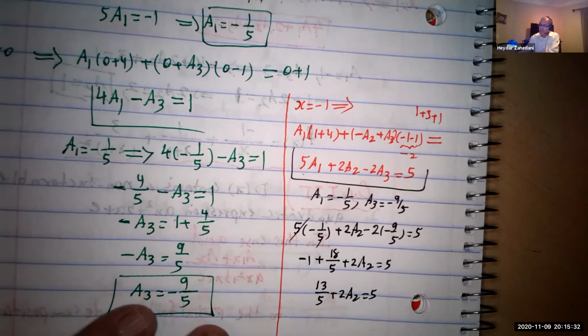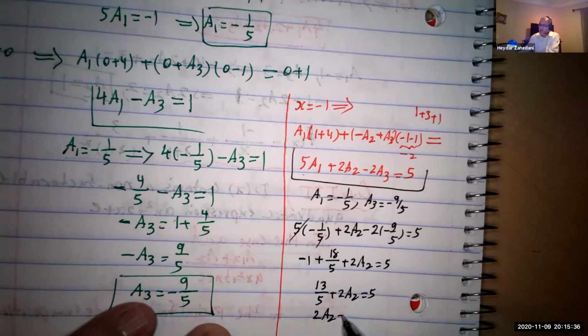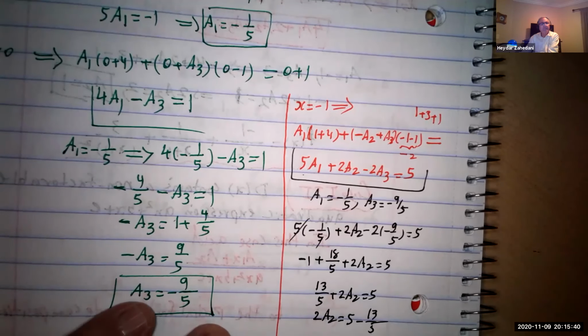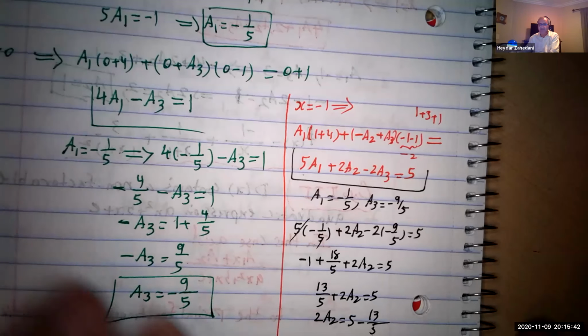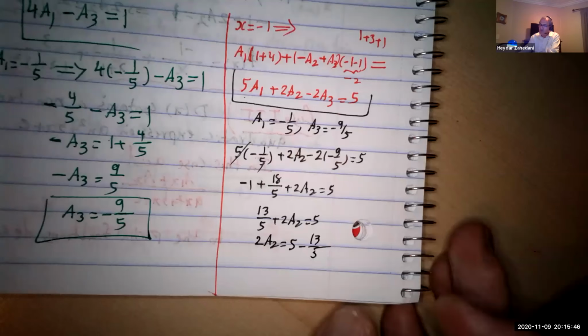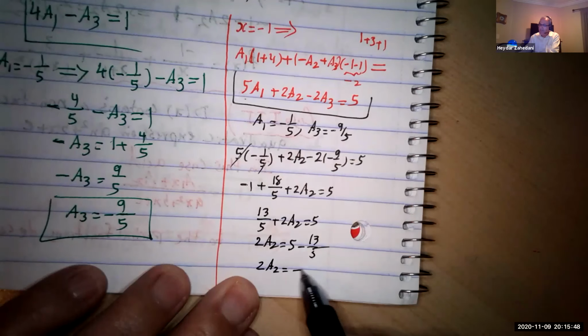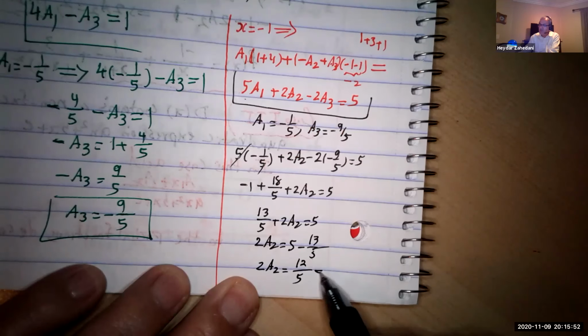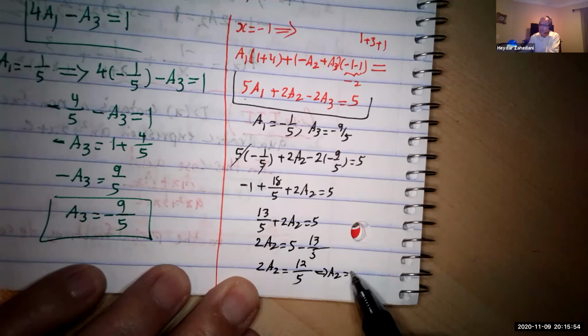And we move the other one to the other side. So it's going to be 5 minus 13/5. Okay, 25 minus 13 is 12/5. So 2a2 is going to be 12/5. And if you divide by 2, so a2 would be 6/5.